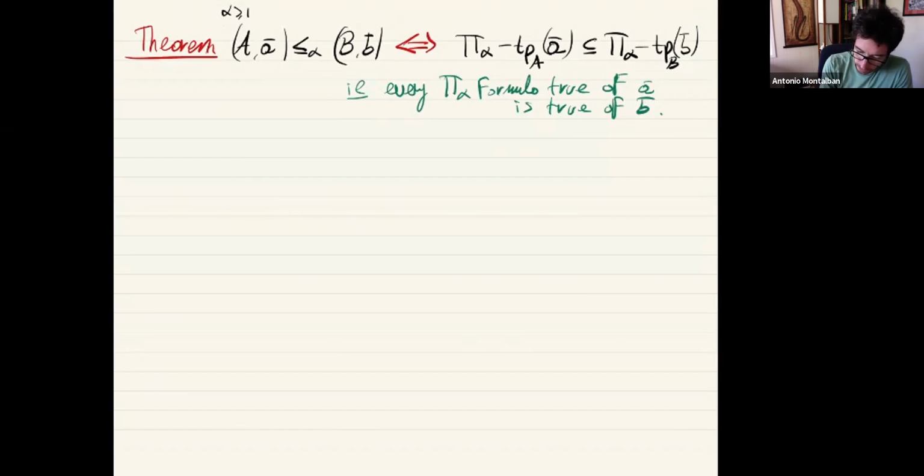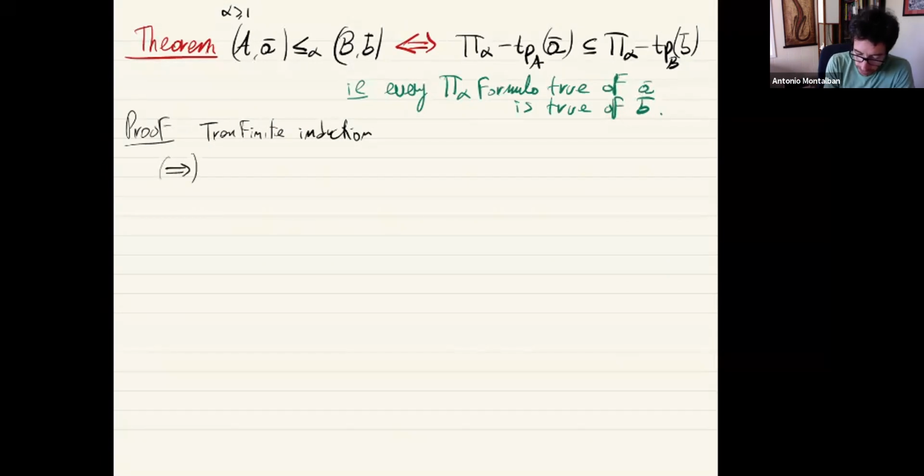So let's do that. Of course we use transfinite induction. So that means that we assume that this is true for all betas below alpha. Okay, so let's prove this direction.